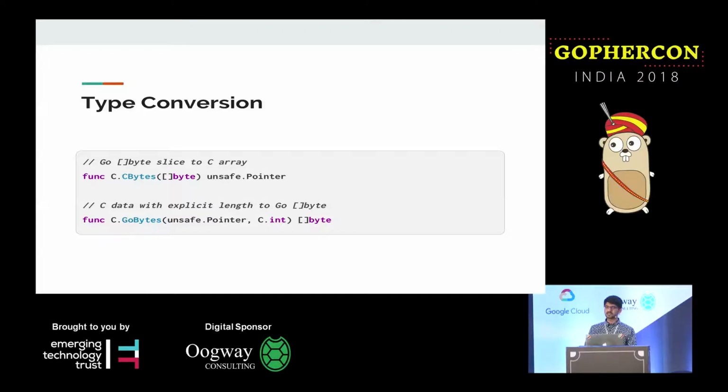And by convert, I mean it'll malloc memory and copy the data into the allocated memory, which also means that once you're done using this, you have to free the memory. Similarly, GoBytes will take data from the C memory and copy that to Go, and that's it. You don't have to worry about freeing memory here.